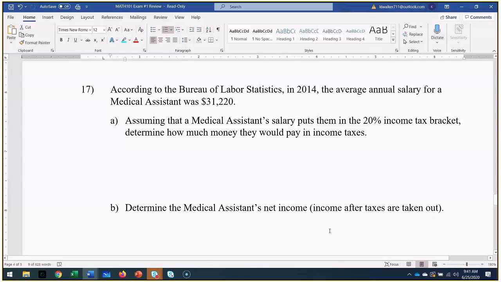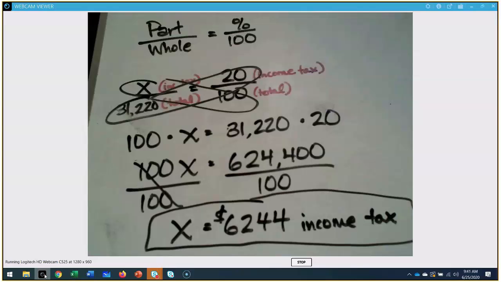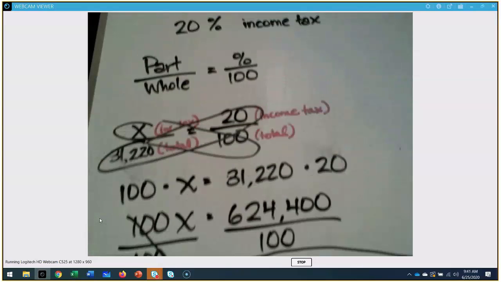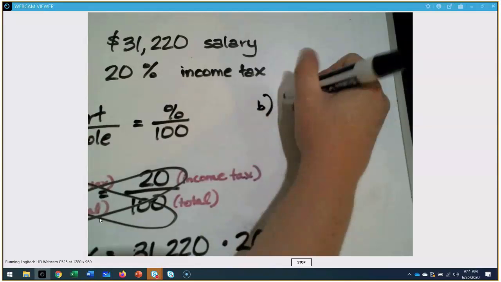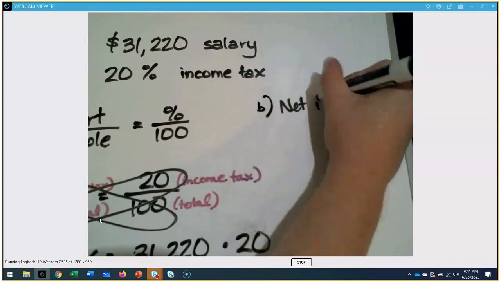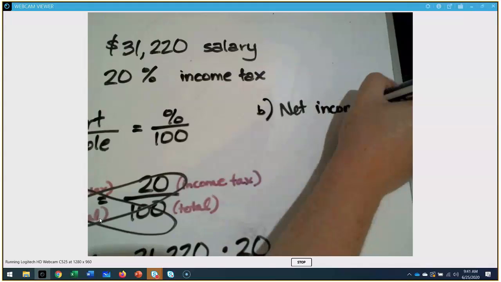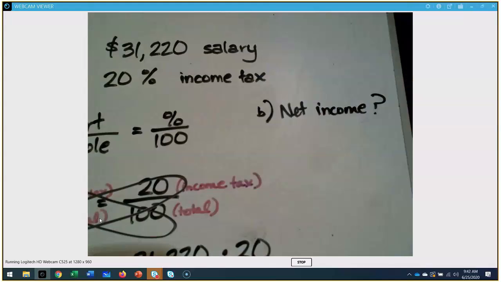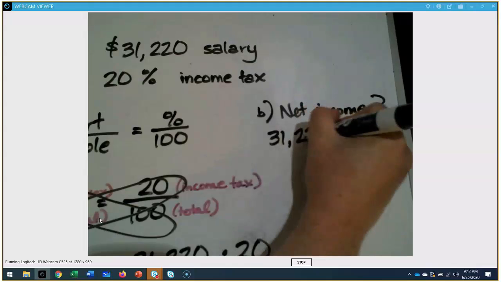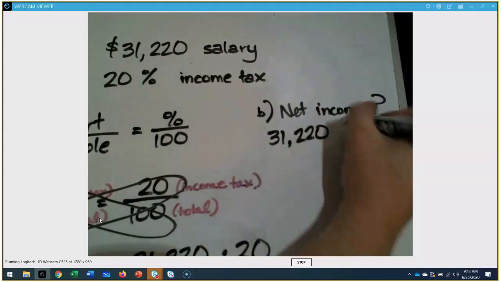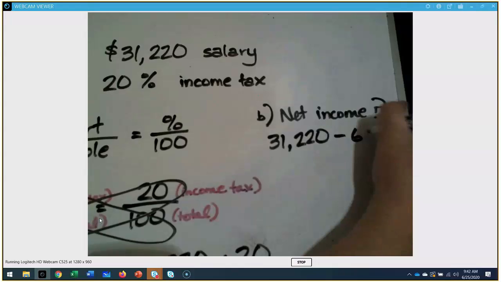taken out. That means you need to subtract to figure out what the take-home pay will be. Net income is what your starting salary is after you pay taxes.